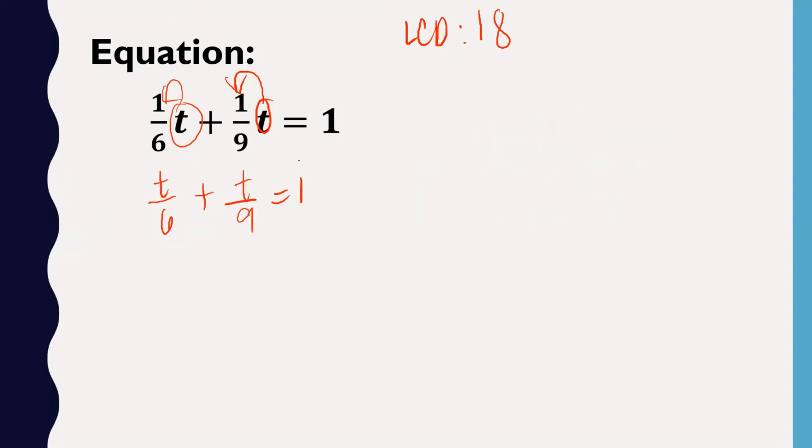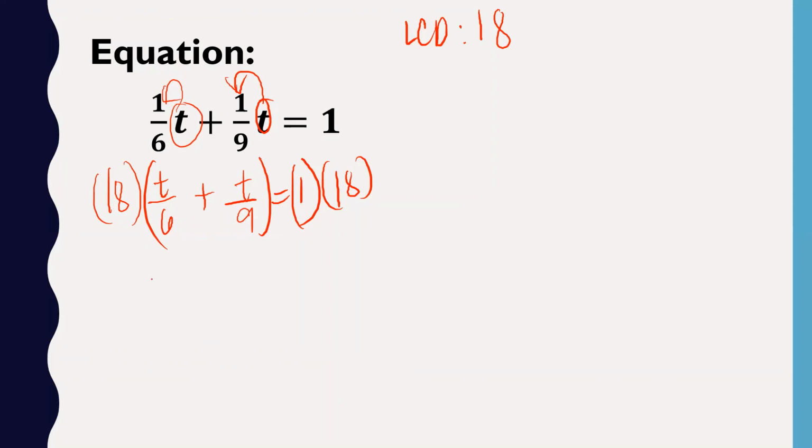So we will now multiply both sides with 18. Therefore, we have to multiply 18 times t over 6.